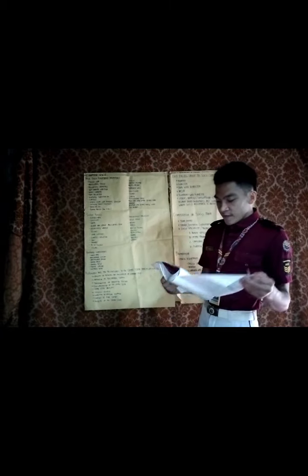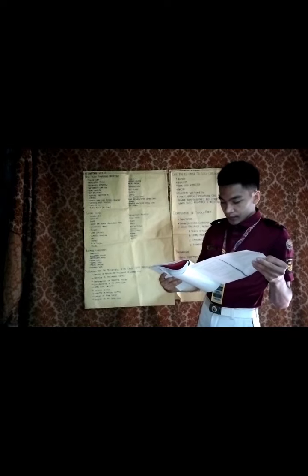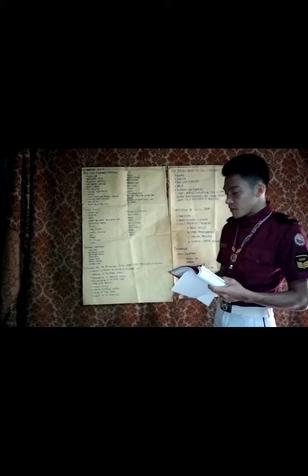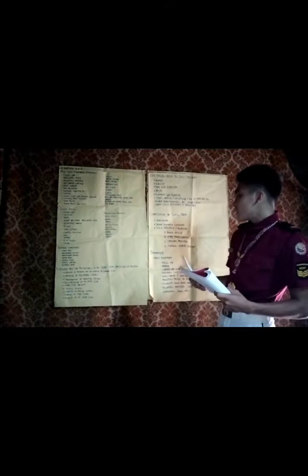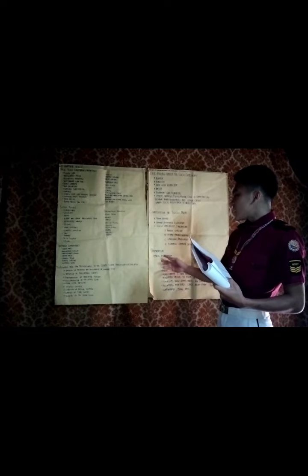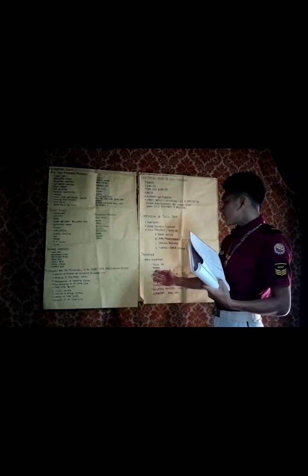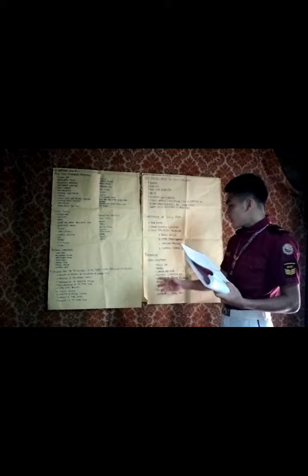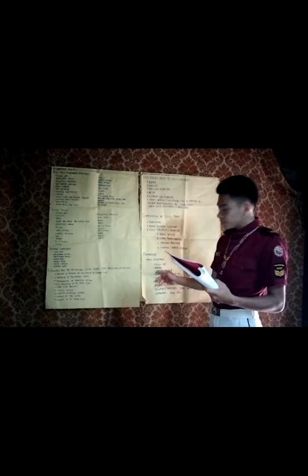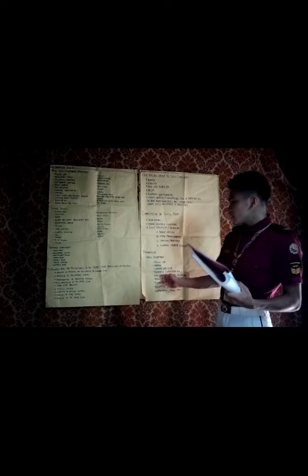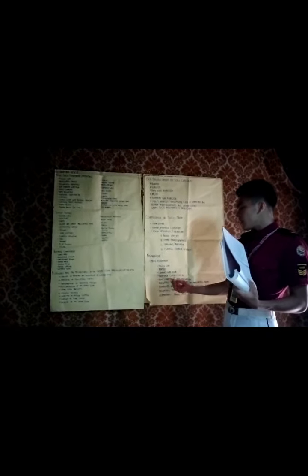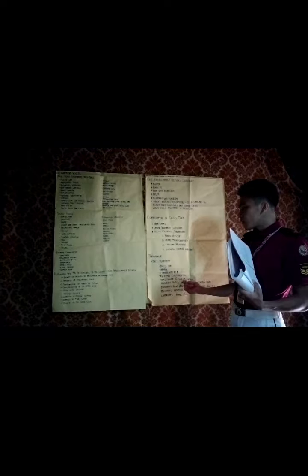Let's proceed to the evidence container or the preparation. So we have the basic equipment of the SOCO team: the police line, the marker, camera with film, evidence collection kit, video camera and tape recorder.